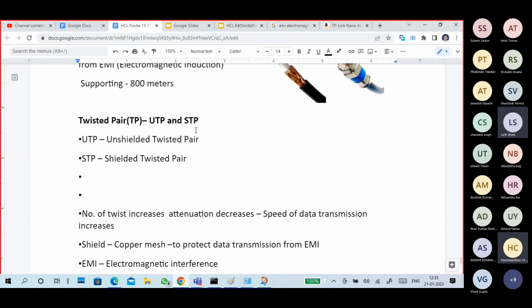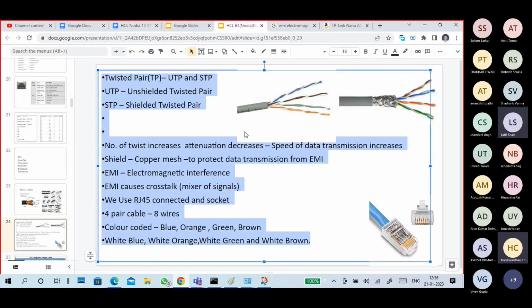In that category we have the unshielded twisted pair cable and the shielded twisted pair cable. So this is UTP and STP.